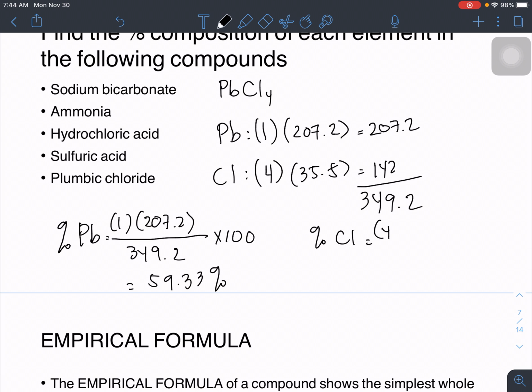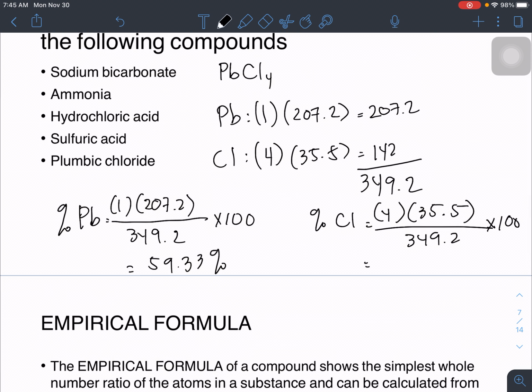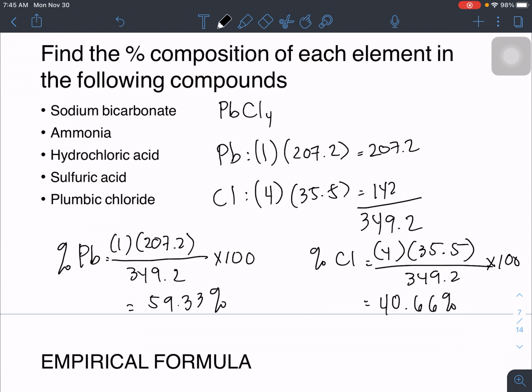There are 4 atoms of chlorine multiplied by 35.5 all over 349.2 multiplied by 100. So this will be equal to 40.66%. So that is how we find the percentage composition of each element in a compound.